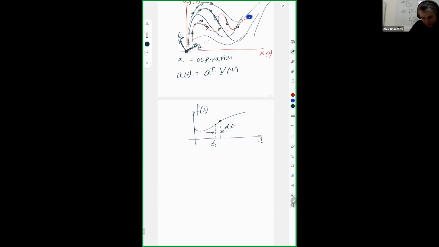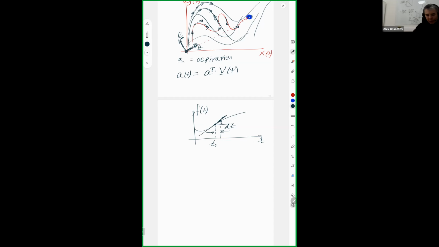You should know that the derivative of this function, which is a function of one variable only, basically corresponds to this angle which the tangential line and the horizontal axis make with each other.